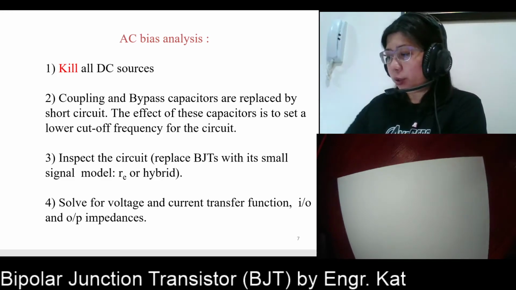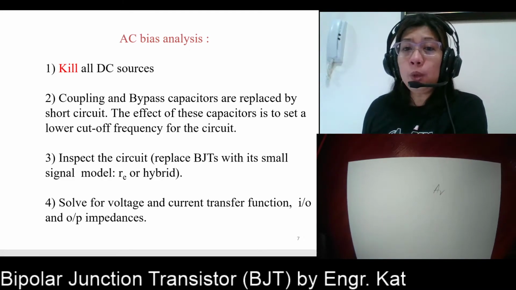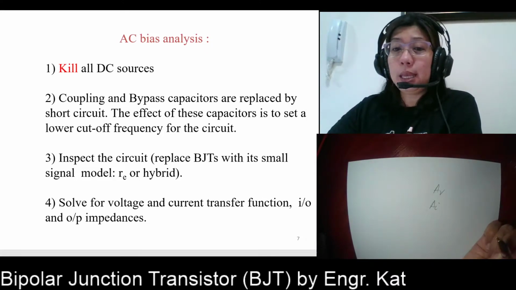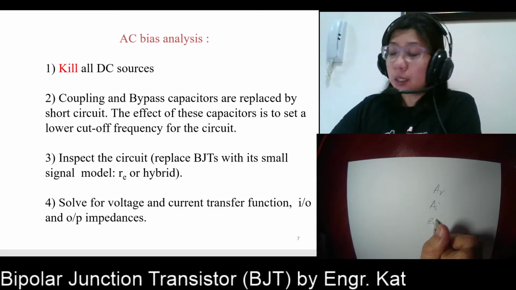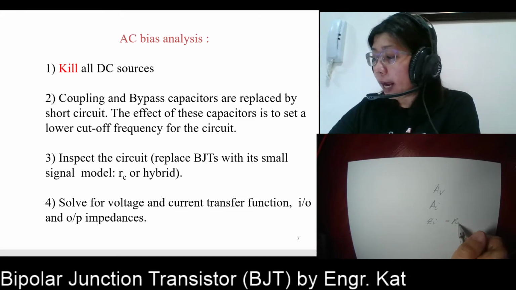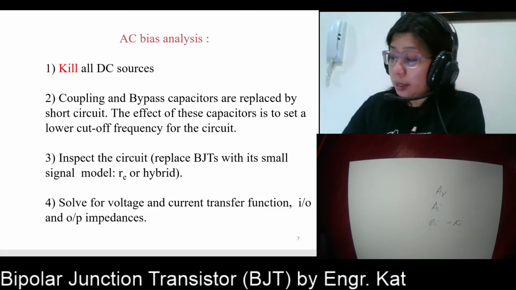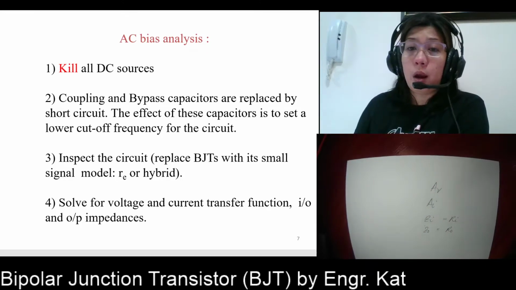You have the voltage gain, you have the current gain, you have the input impedance. Some other books use RI, some other books use ZI. And then we have the output impedance. Some other books make use of RO.